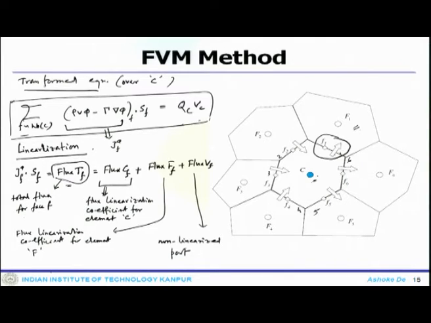Okay. So, you get 3 components. The total flux along a particular phase is decomposed into essentially 3 components. One component comes from the element itself, the coefficient of the linearization. The second component comes from the linearization coefficient of the neighboring or connecting cell along that phase, and the third is the nonlinear part. So, if you look at all these 6 phases, you will have these components.